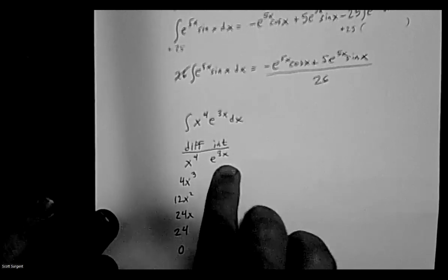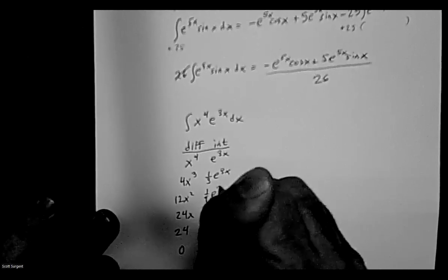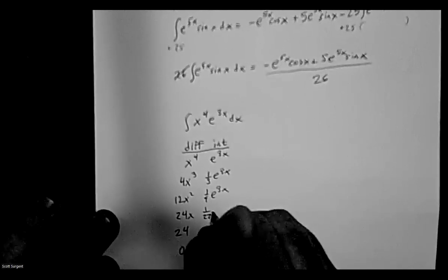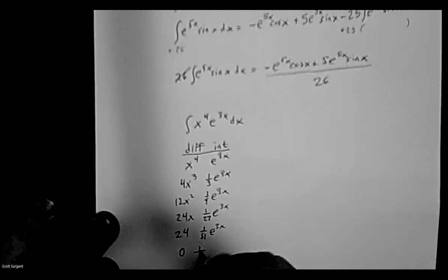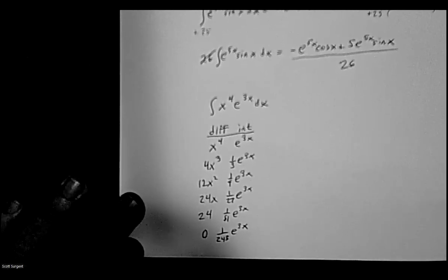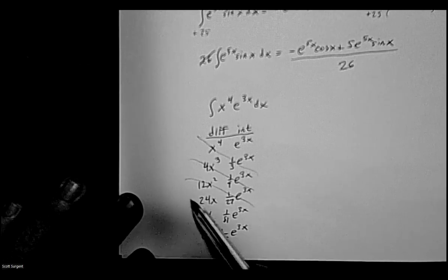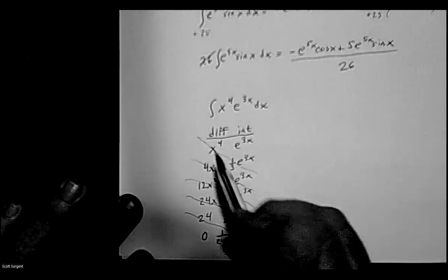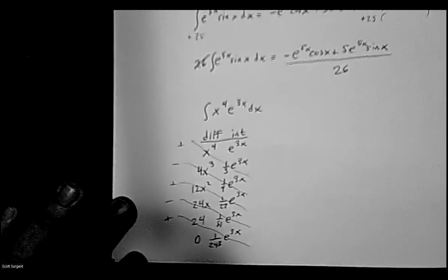And then on the other side, you just integrate each time. And then you just draw diagonals like this. You alternate signs. And then you just piece them together.